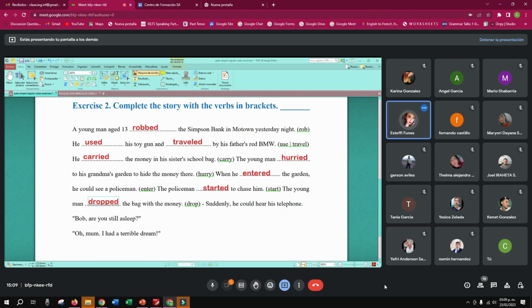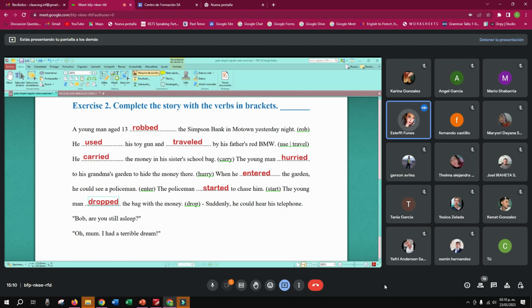A young man aged 13 robbed the Simpson Bank in Mountain yesterday night and traveled by his father's red BMW. He carried the money in his sister's school bag.